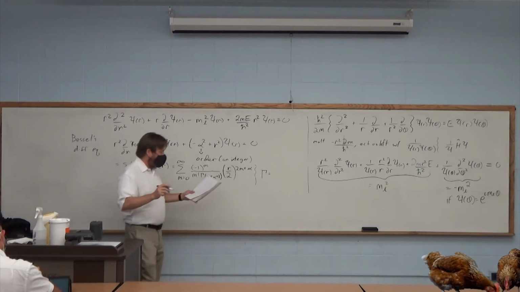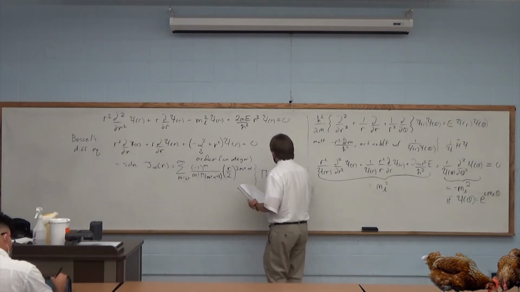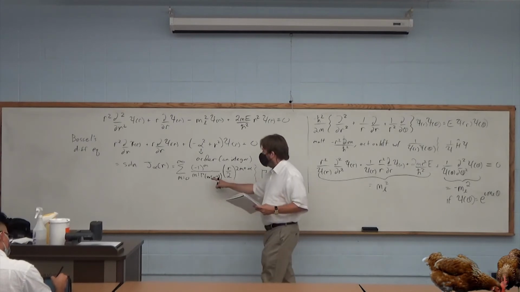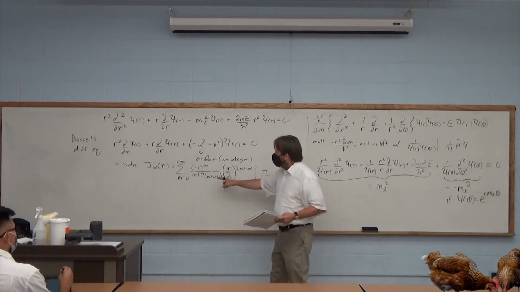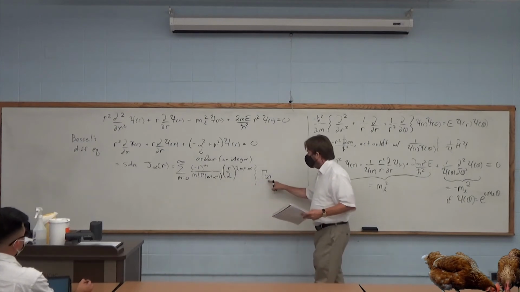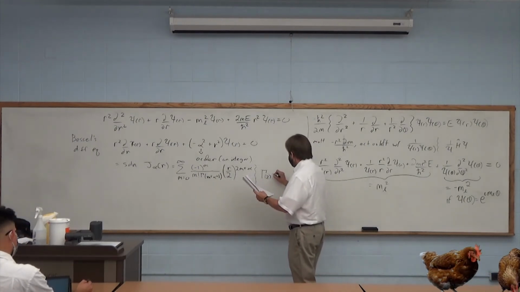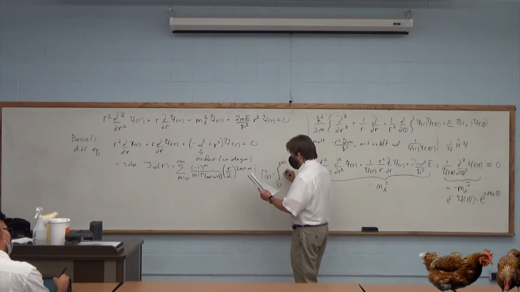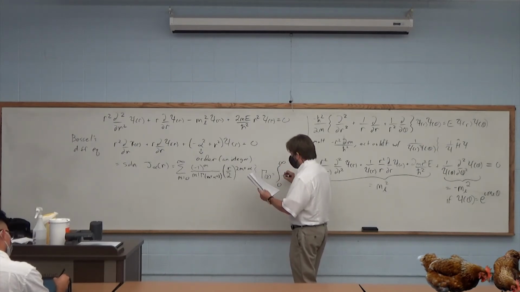Now, as for the argument, we call that Z. Well, here it's M alpha 1. So M alpha 1 is Z now. And it ends up being this integral. As for how this is the solution to that, ask Bessel. I don't know.